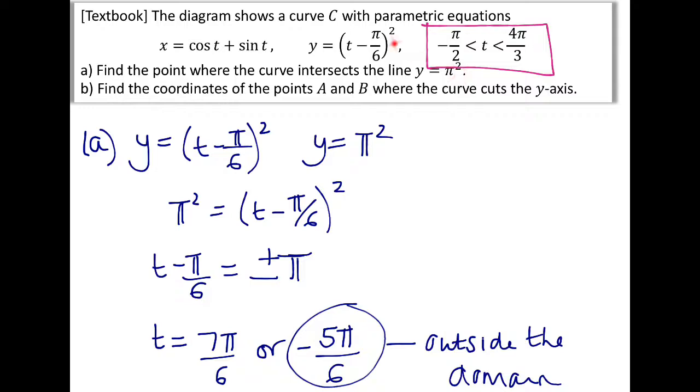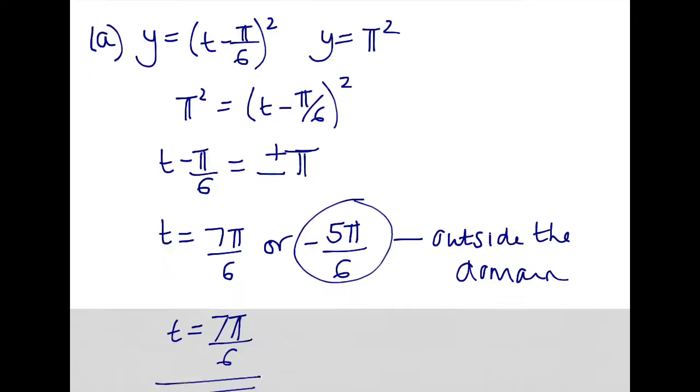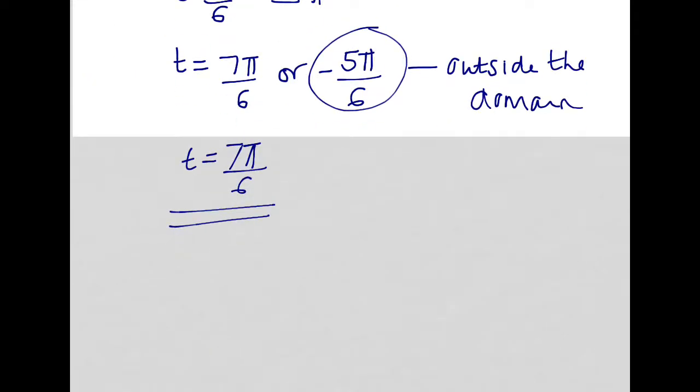It's pi squared. So I'm going to need to put my value for t into x equals cos t plus sine t. So I need to just go back. So x equals cos t plus sine t. So here t equals 7 pi over 6.